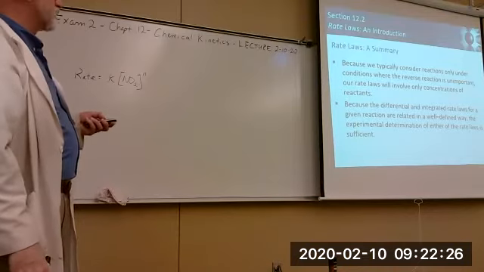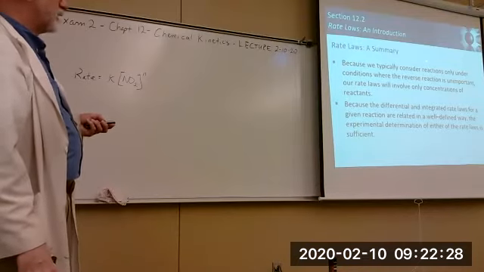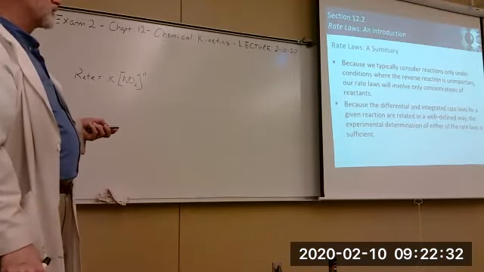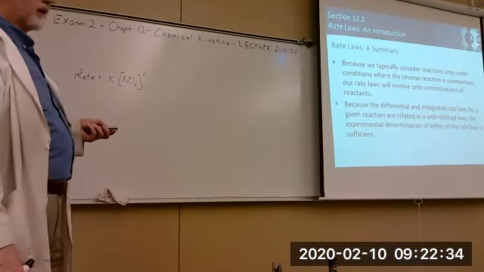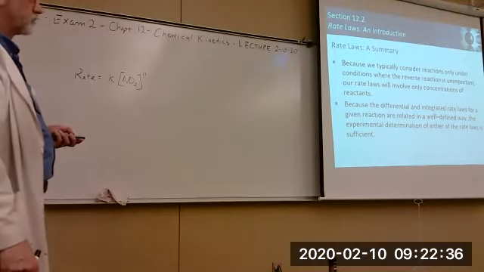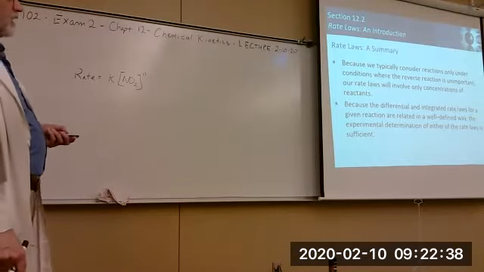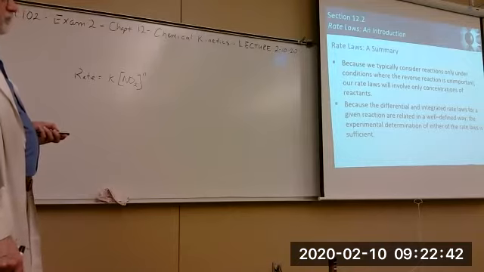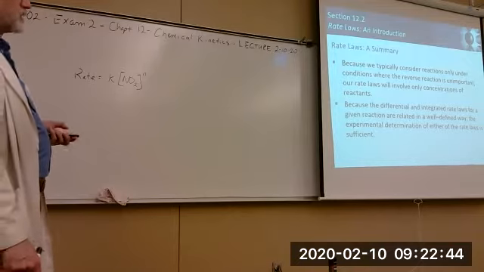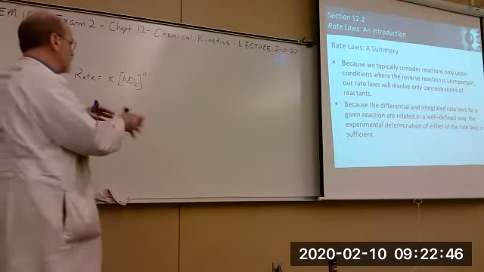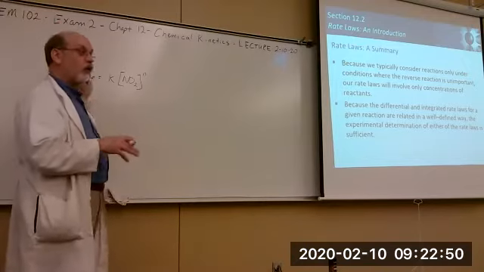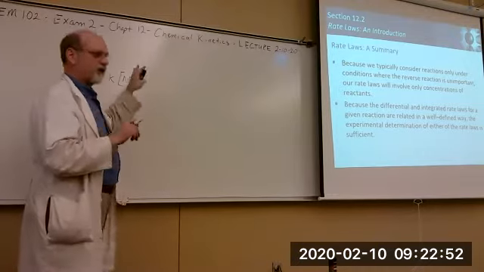So this is just summarizing what we just said. We're going to study reactions at the very beginning where the concentration of the products don't matter. They don't influence the rate. Depending on which one is easier to do, the differential or the integrated, once you know one, you can create the other one.